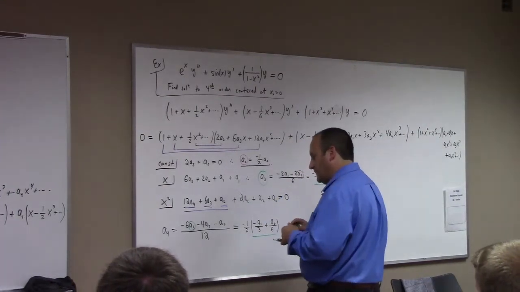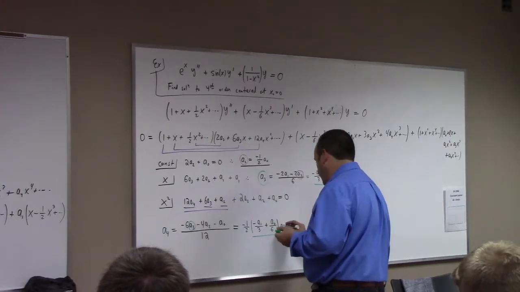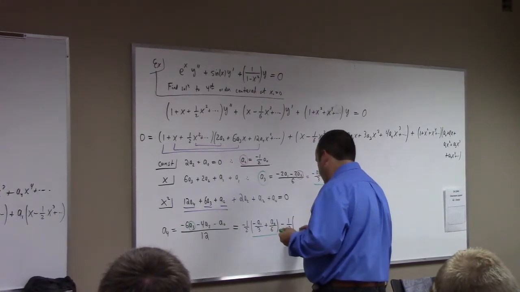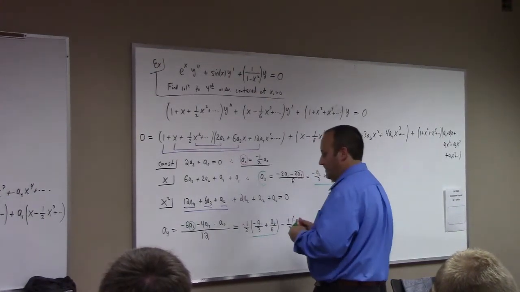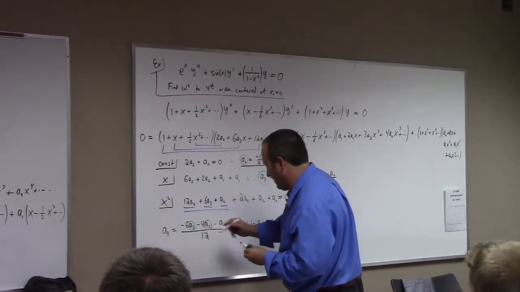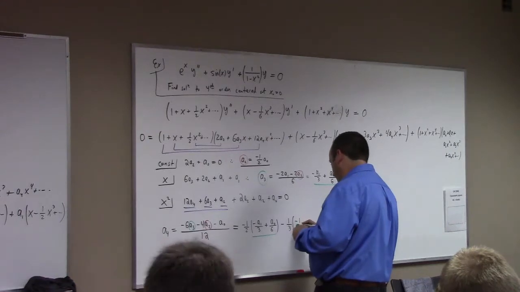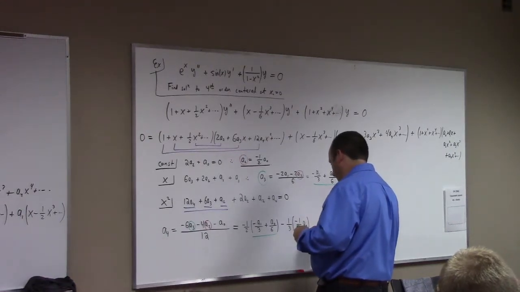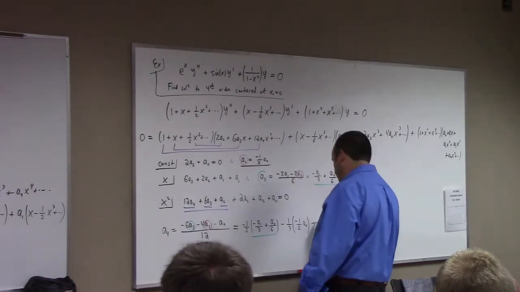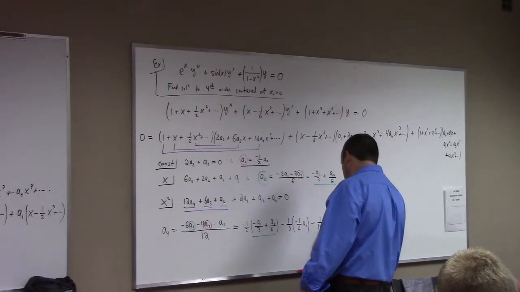And then what's 4/12? It's minus 1/3, right? And what's my a sub 2? It's minus 1/2 a sub naught. And then, of course, I've got minus 1/12 a sub naught.